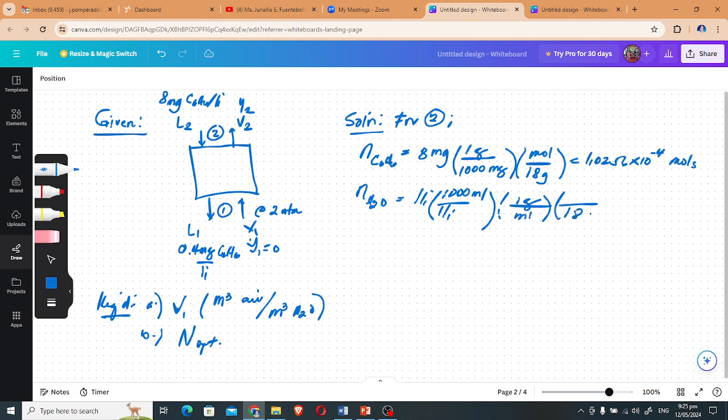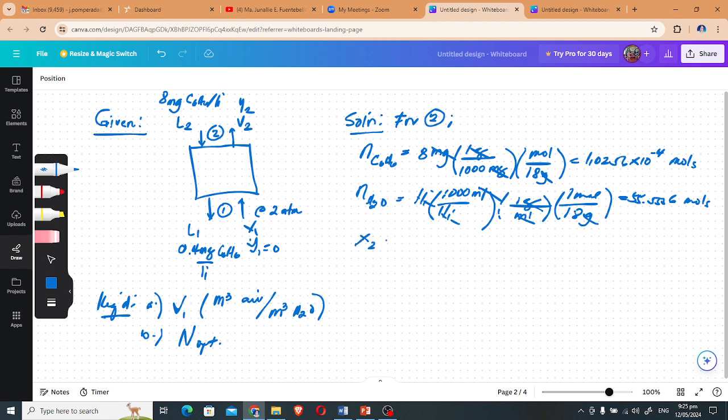Then molecular weight is 18 gram per mole. So you notice we get to cancel the liter unit, the ml unit, and the gram unit. Here on top, we get to cancel the milligram and the grams, giving us the mole unit. So for water, we have 55.5556 moles.